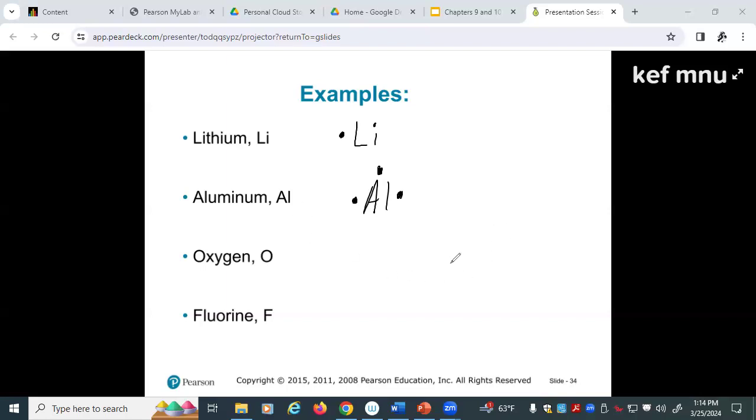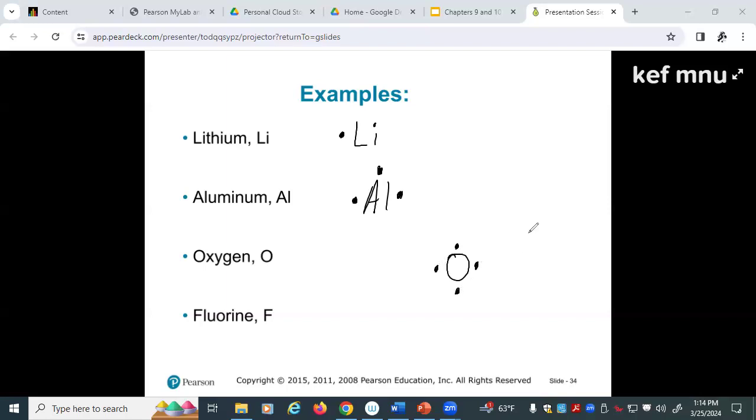Oxygen. Oxygen is O. O, group 16, 6 valence electrons. So I need 6 dots. Where did the 6 dots go? Doesn't matter. I just have to separate them before I start pairing. So 1 here, 1 here, 1 here, 1 here.